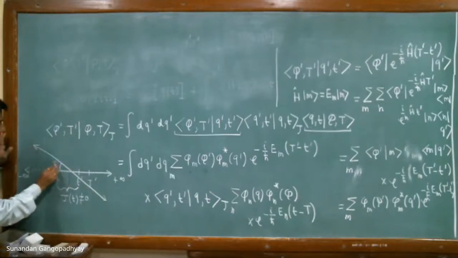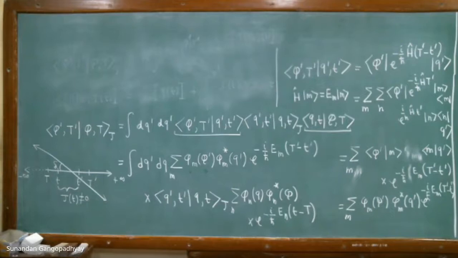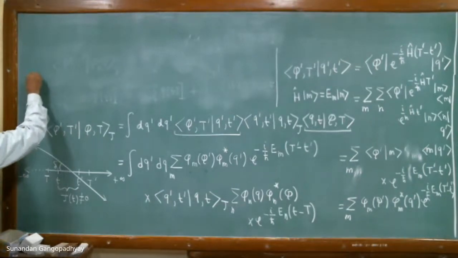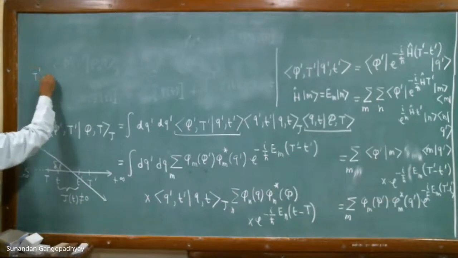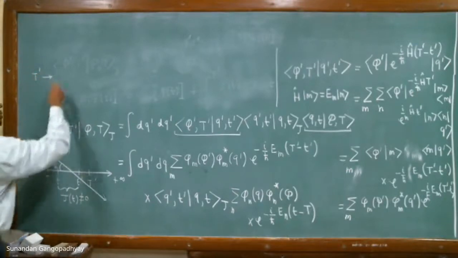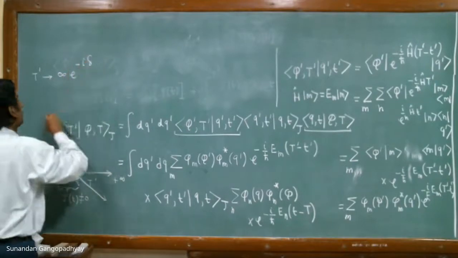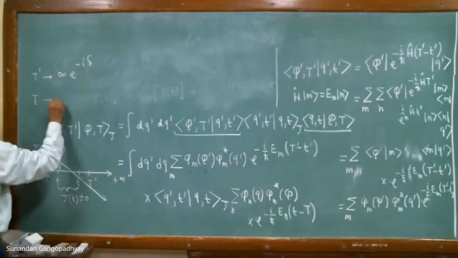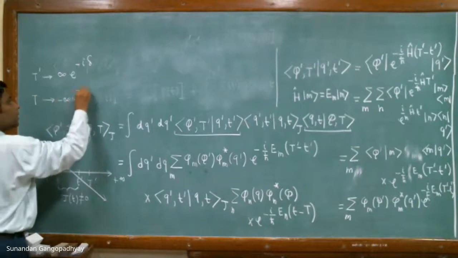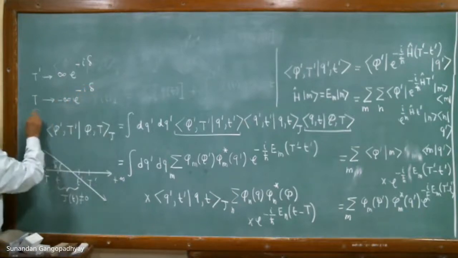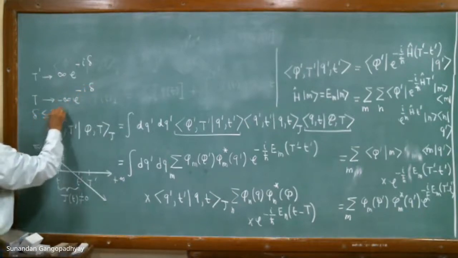Then this angle is delta. So rotating this time axis would mean that t prime goes to infinity e to the power of minus i delta, and t goes to minus infinity e to the power of minus i delta, when delta is less than or equal to pi by 2.